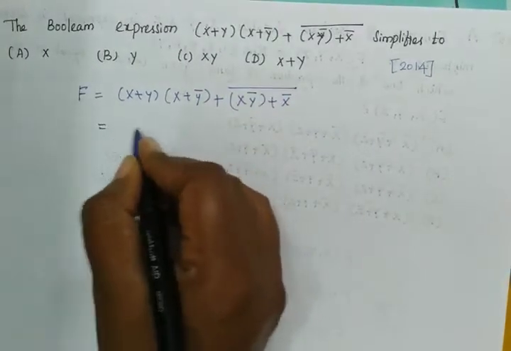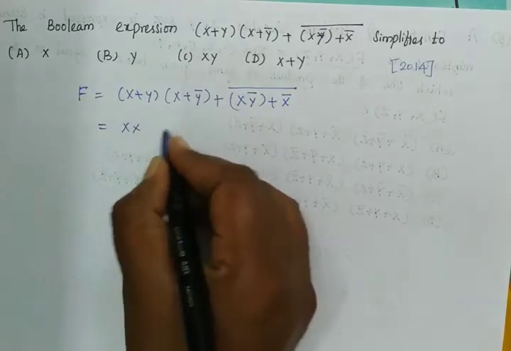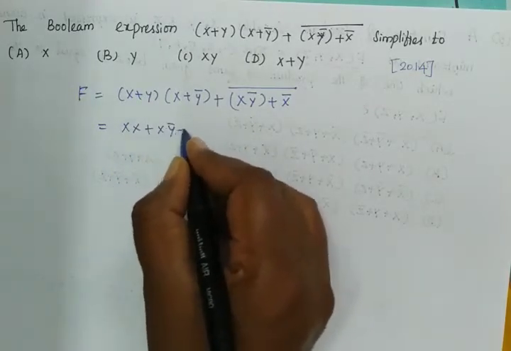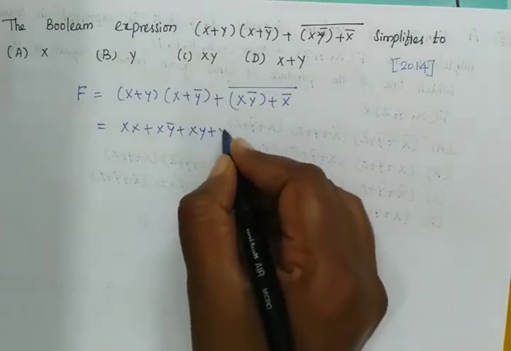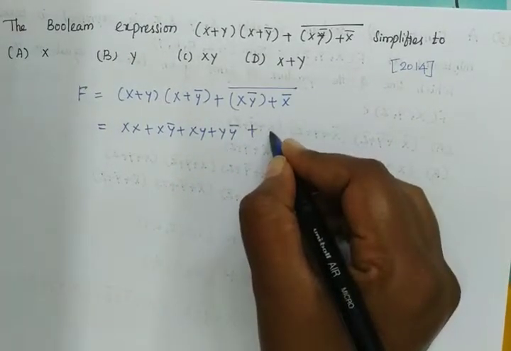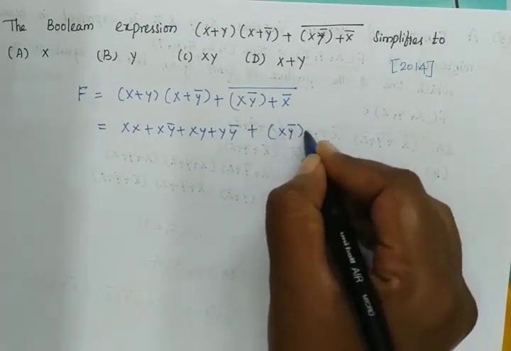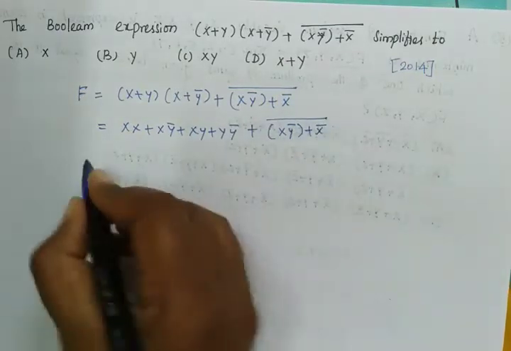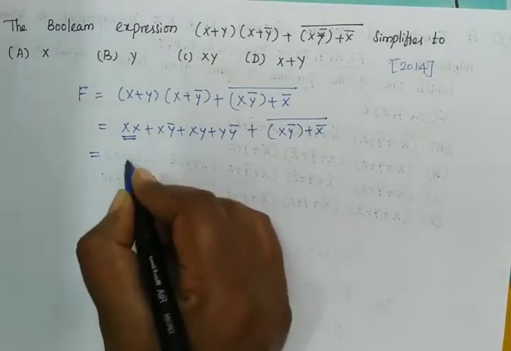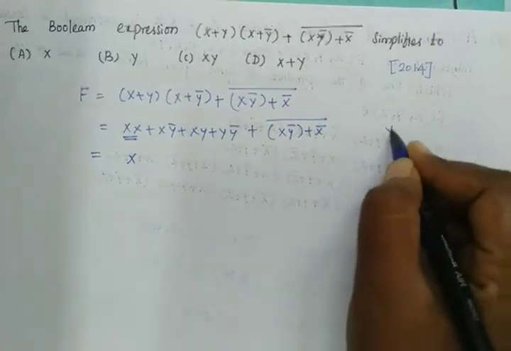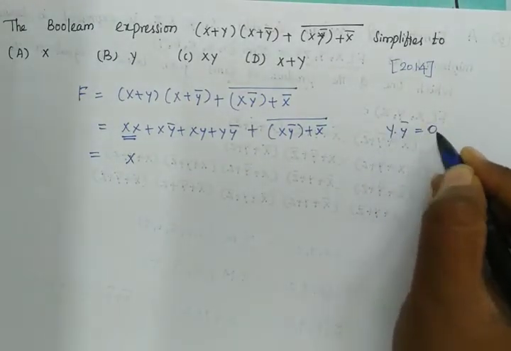Therefore we can write this as, just multiply this, x plus x y bar plus x y plus y y bar plus, here we have x y bar plus x bar, the whole bar. Now what happens? If we have 2x, we can write only 1x, and we know that y into y bar is equal to 0.